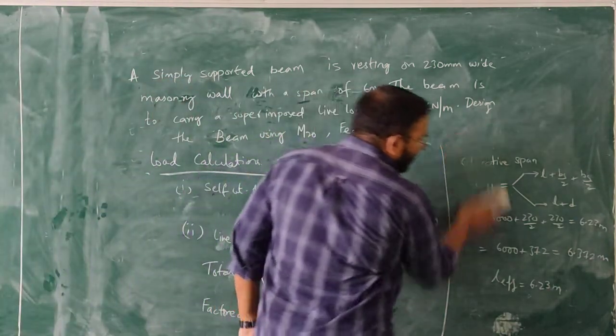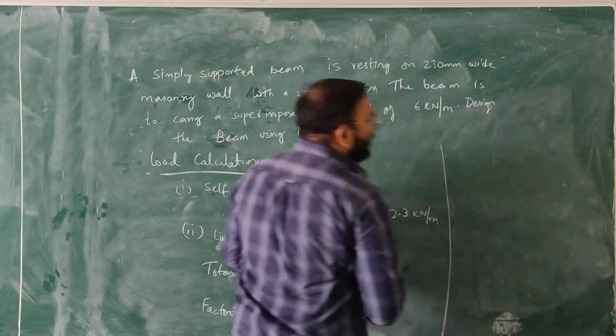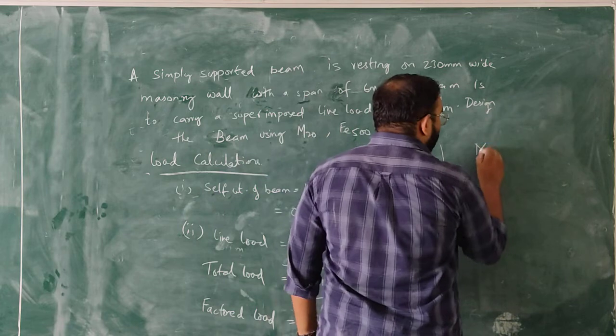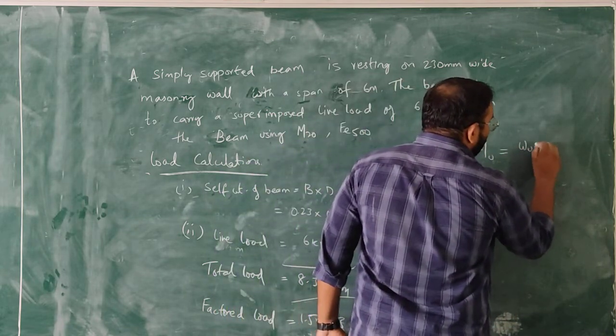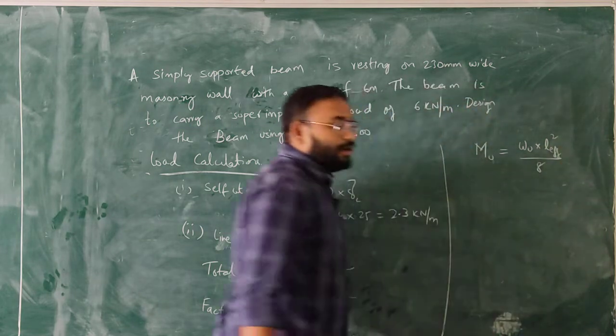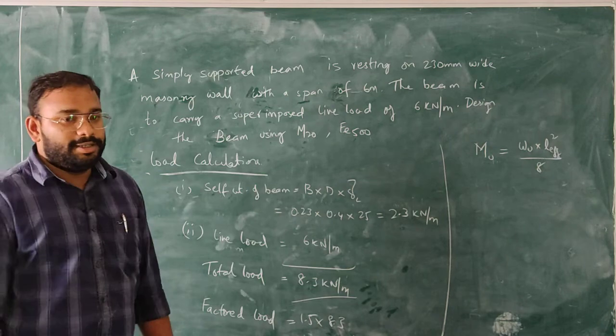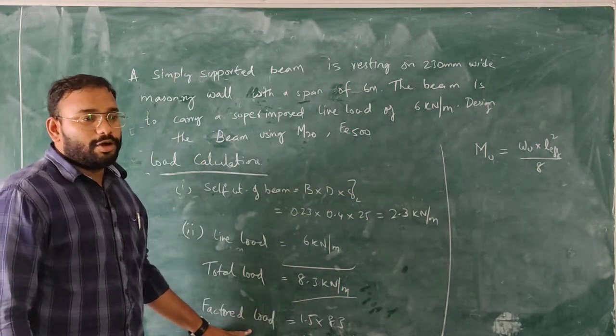Now, next step is calculation of factored moment Mu, which is given as Wu into L effective square by 8, or simply WL square by 8. Now Wu will be your factored load or ultimate load or design load.